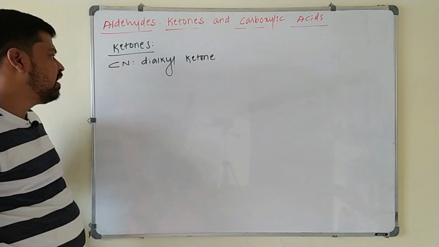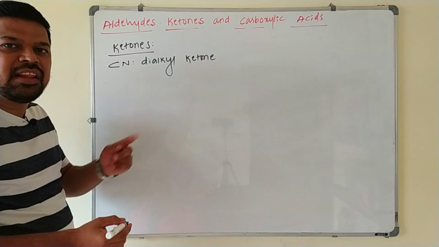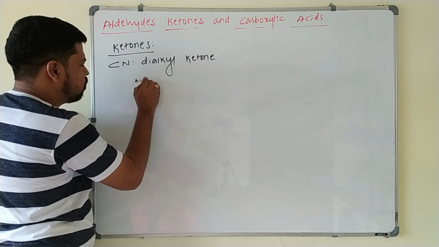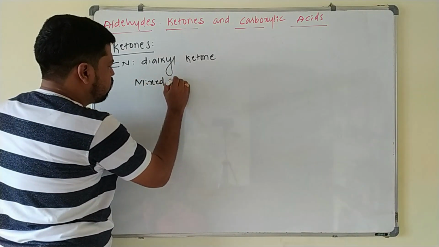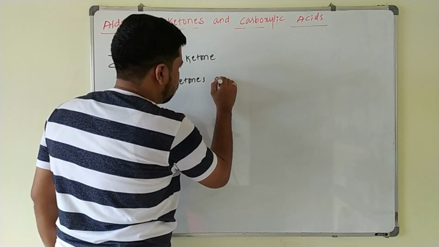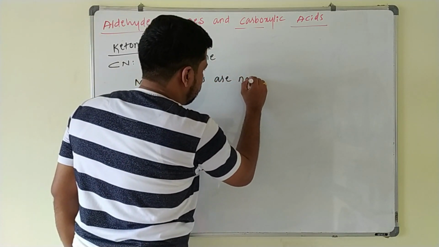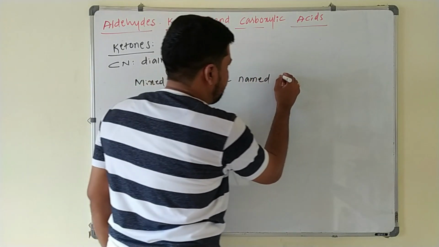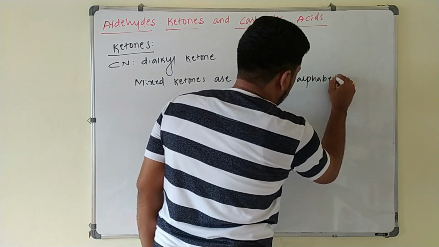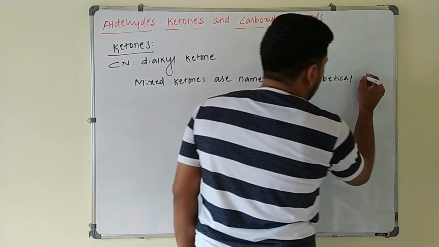Dialkyl ketone here. If mixed ketones are there, then they are named in alphabetical order.